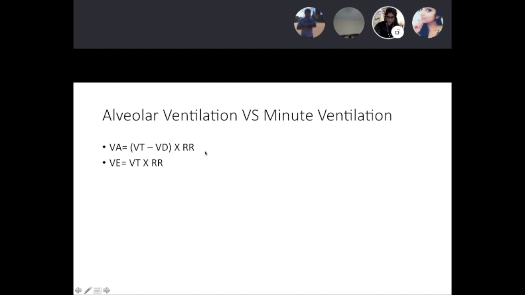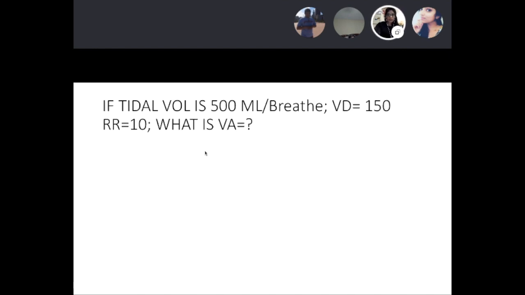So I think the best way to really understand this is to put it into a question format. If the tidal volume is 500 milliliters per breath, the physiologic dead space is 150, and the respiratory rate is 10, what would be the alveolar ventilation? All right, so here's the equation.